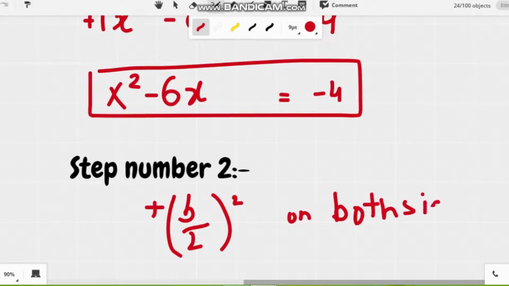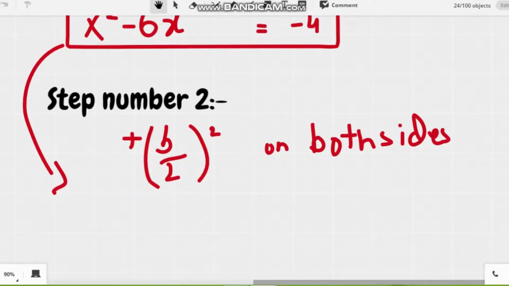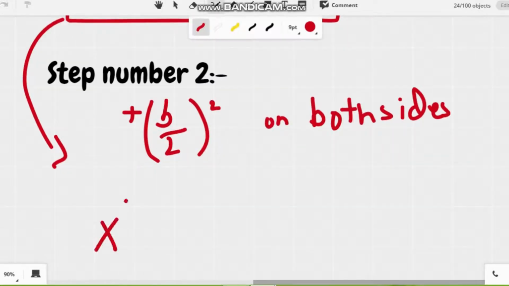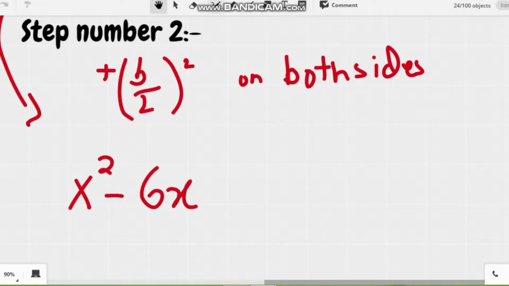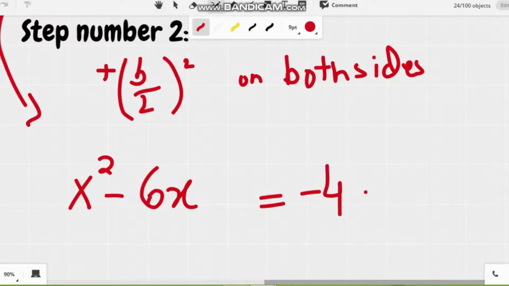This thing you have to do. So you write this equation down here: x squared minus 6x equals negative 4.